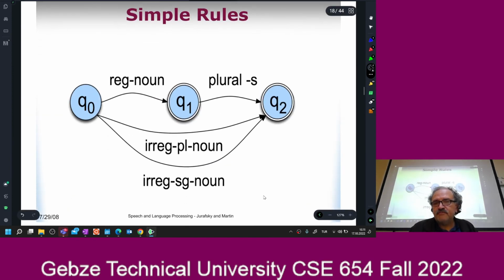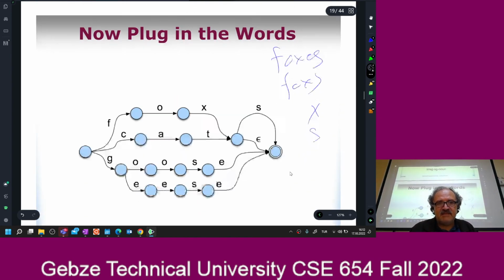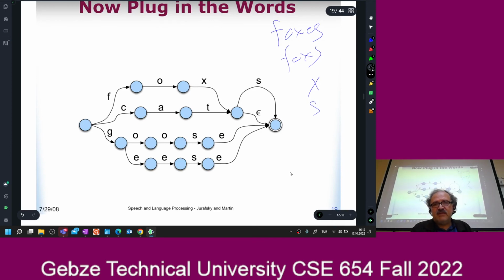Okay, so let's look at this simple rule. Make something plural, regular noun, add an S at the end, it becomes a regular plural noun. For the irregulars, I have these direct links. Okay, let's look at these.